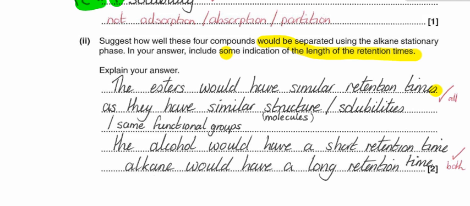So you've not got a great solubility between an alcohol and an alkane, whereas an alkane and an alkane are clearly going to be very soluble, they've both got the same intermolecular forces. So the alcohol would have a short retention time. The alkane, because it's got a great affinity for that stationary phase, it would dissolve in that stationary phase. It would hang around much longer in the stationary phase, and so it would take longer to come through the chromatography column.